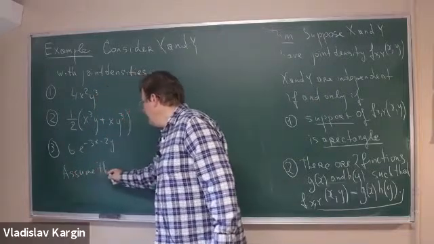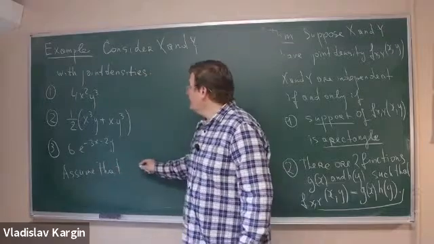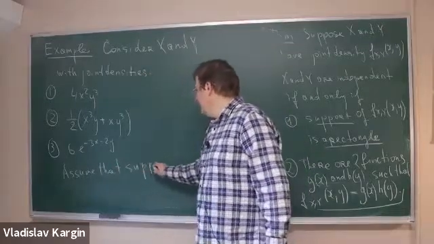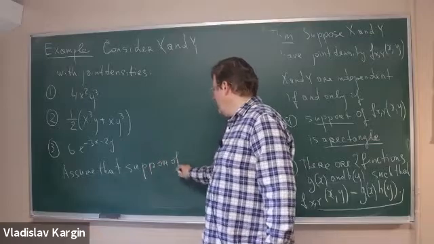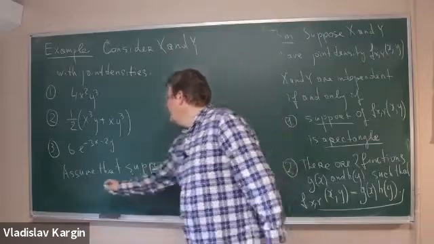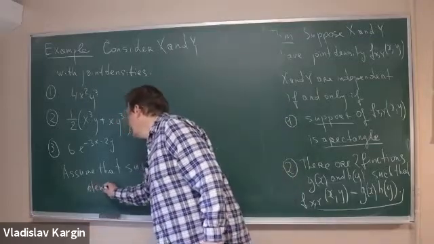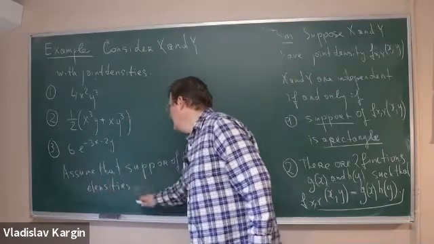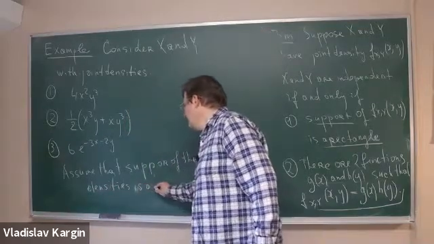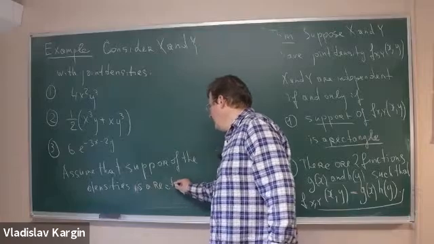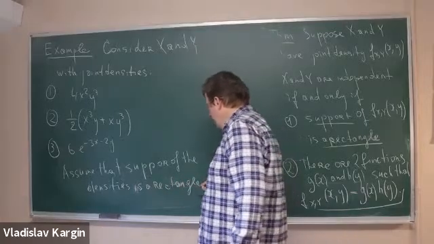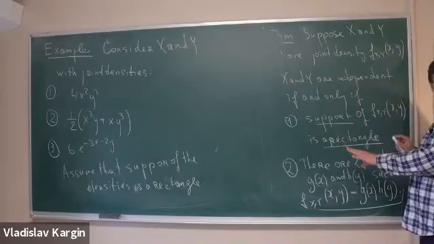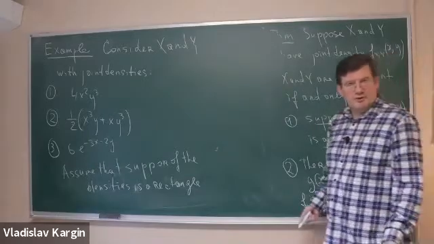And assume that the support of the densities is a rectangle, so that we rule out the case that if it's not a rectangle, then it's automatically not independent.